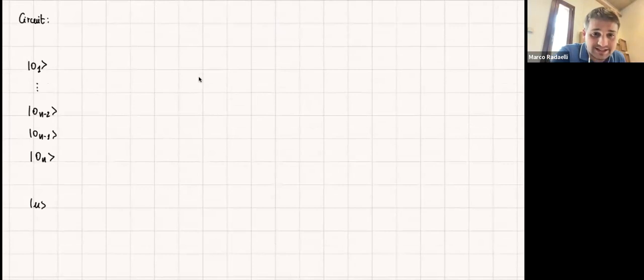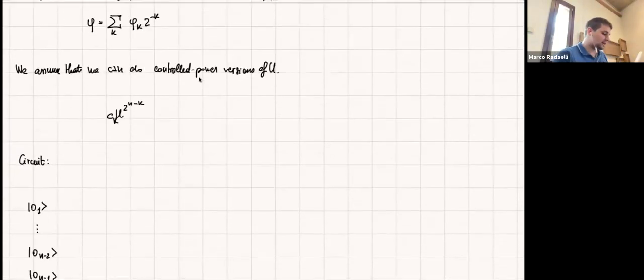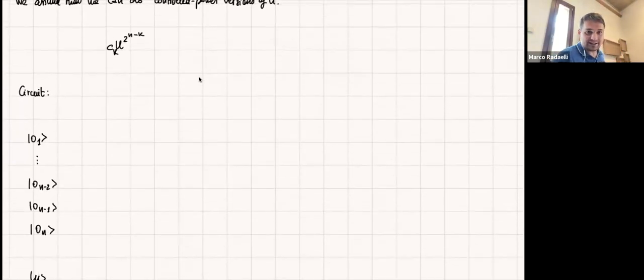Could you please explain why? Yes, of course, we will see directly in the circuit. Anyhow, the idea is that we can perform a power of U. So we can just perform U squared, U to the third power, so U times U times U, or something like this. Second, it's controlled, which means that we can perform U according to the state of another qubit.